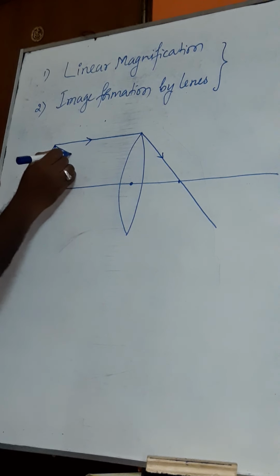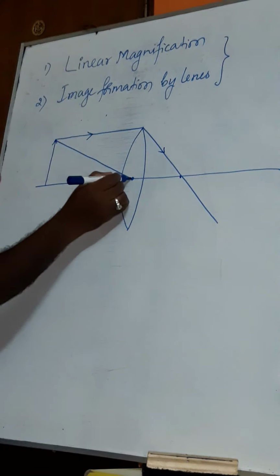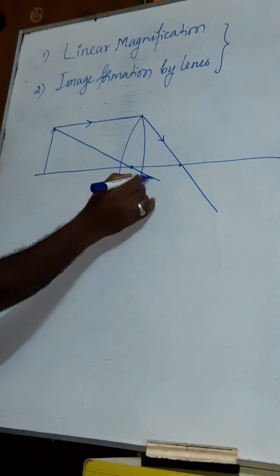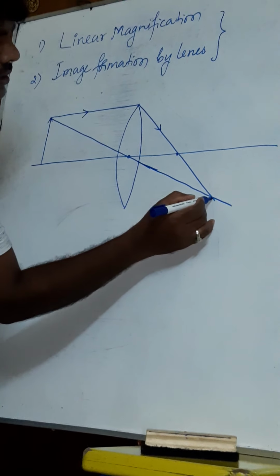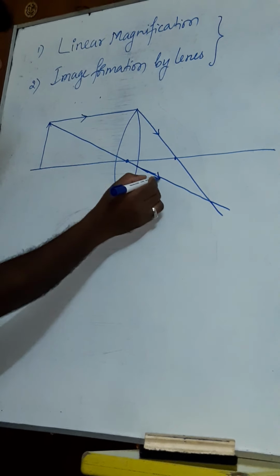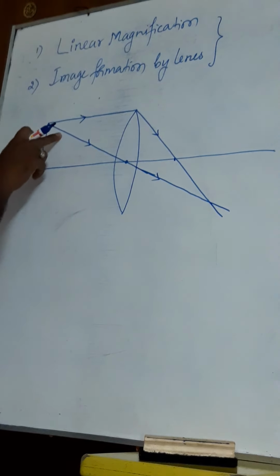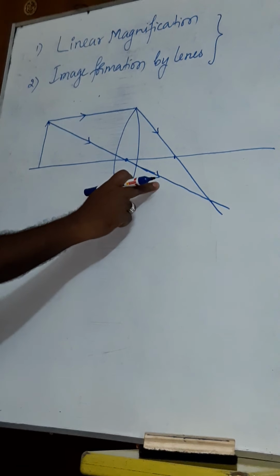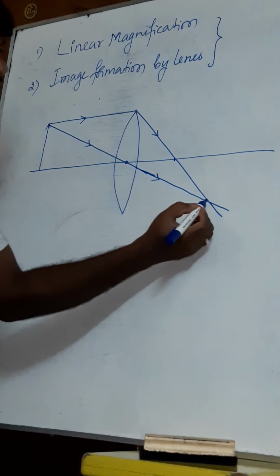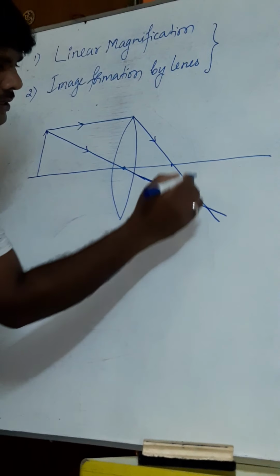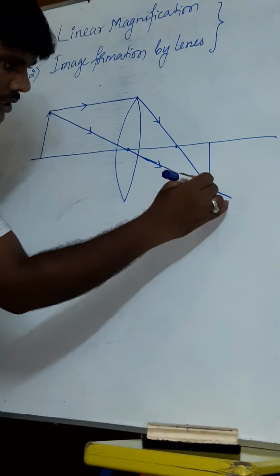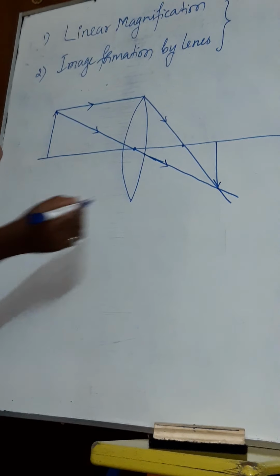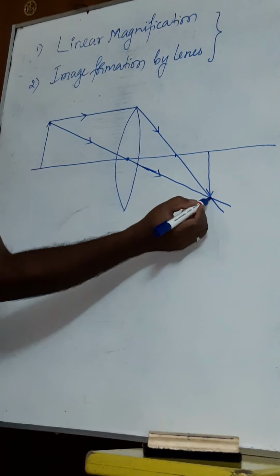So we have to consider one more straight line passing through the optic center. This is the refracted ray. After refraction it will cross the first light ray. So like this. This is the incident ray and this is the refracted ray. Wherever these two rays intersect, there the image formation takes place. This is the image formation point.